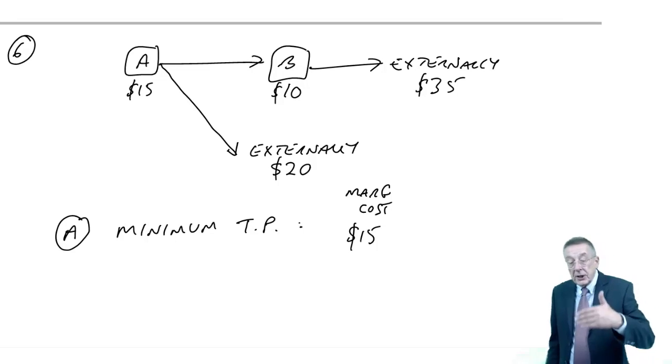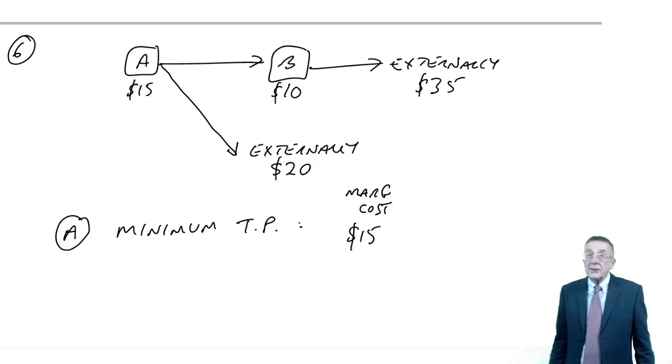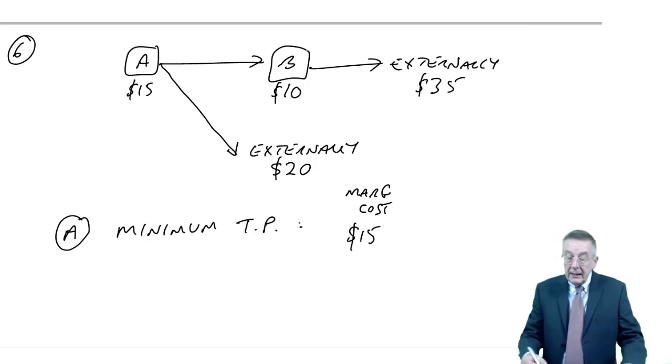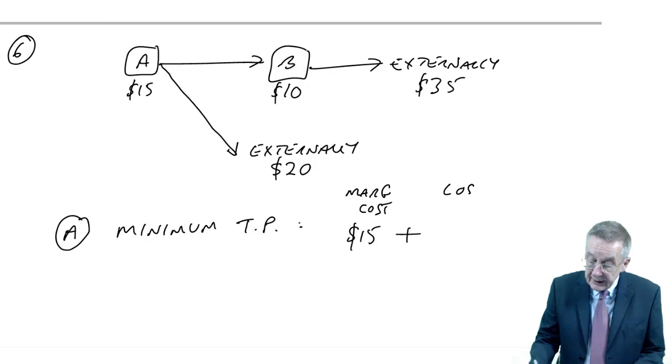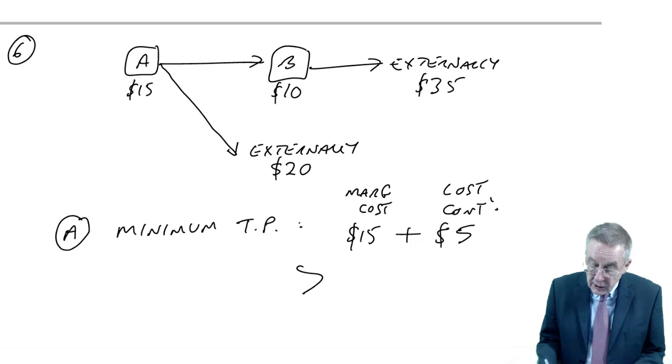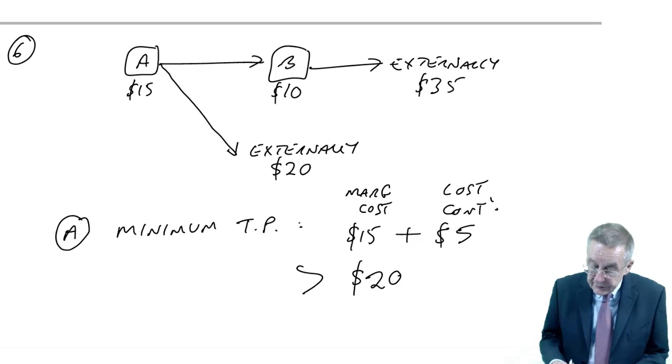And since each unit could generate $5 contribution, selling to B, they're going to have to give us that $5, the lost contribution. And so the transfer price will have to be at least 20.